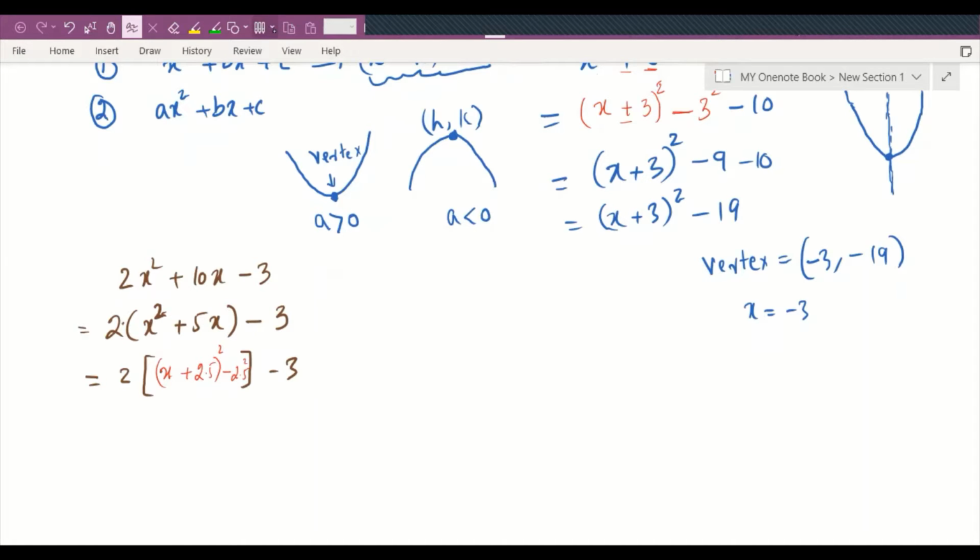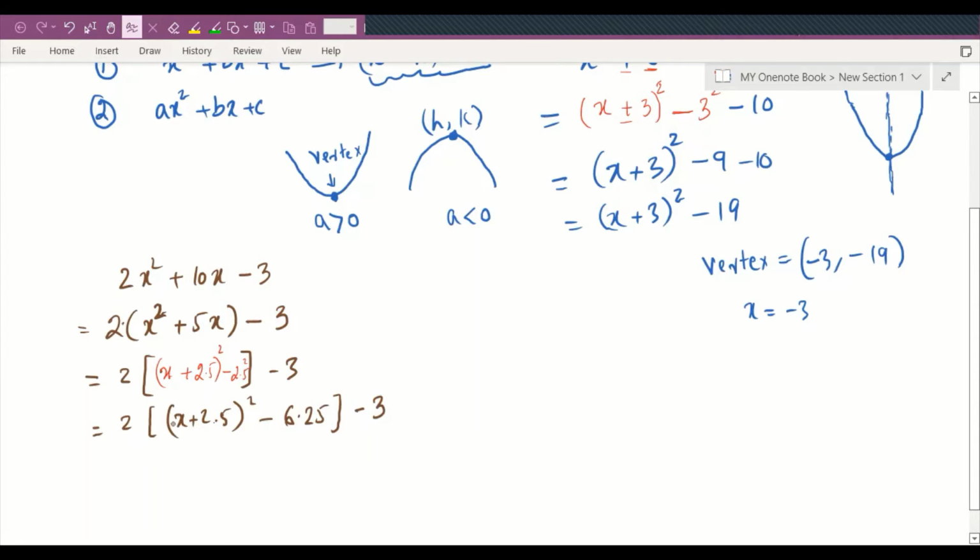And then we will simplify it more. So if we continue, we will get x plus 2.5 squared minus 2.5 squared, which is 6.25. Bracket close, minus 3. Inside this square bracket, we have two terms, one is this and one is this. Now we will expand this bracket.